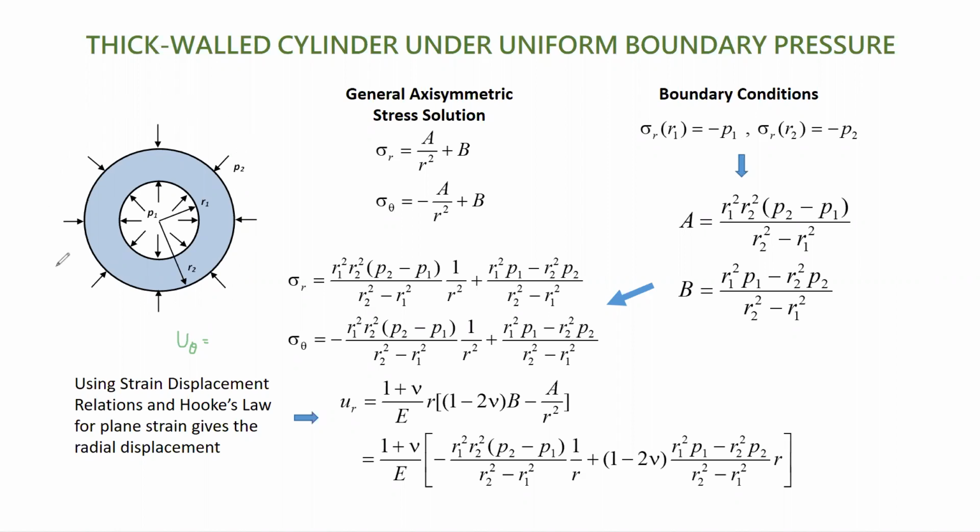Consider the problem is symmetric, right? The load is symmetric about that center. And the pressure is symmetric. All the pressure and the geometry is symmetric. So UR is the displacement that we have in radial direction. So that point would move to this position.